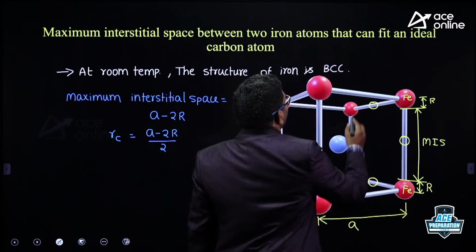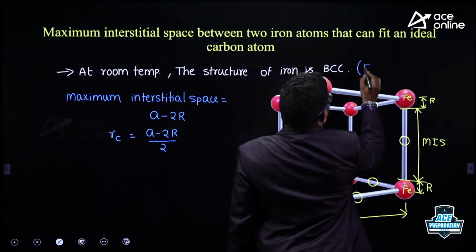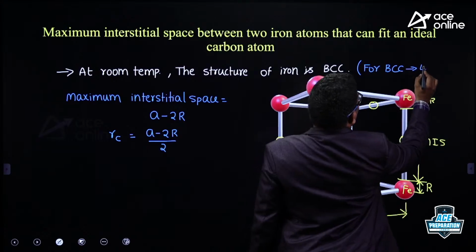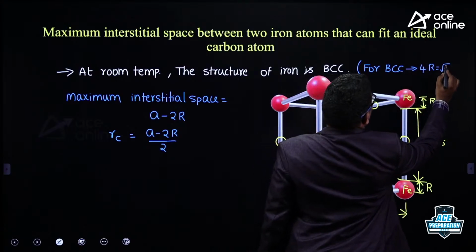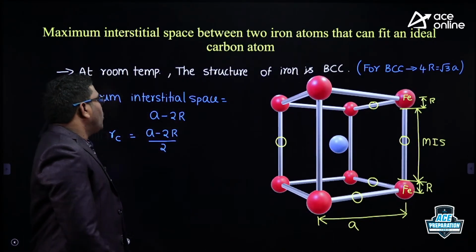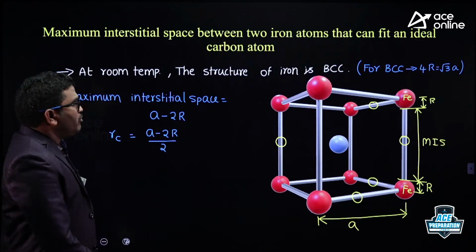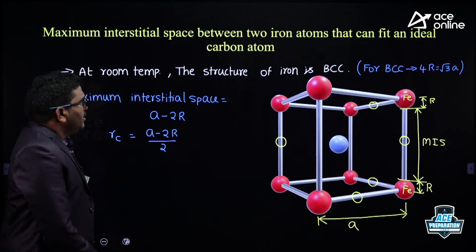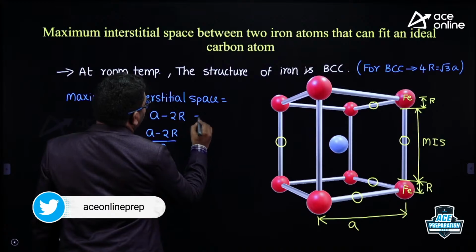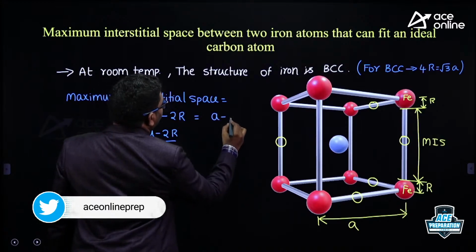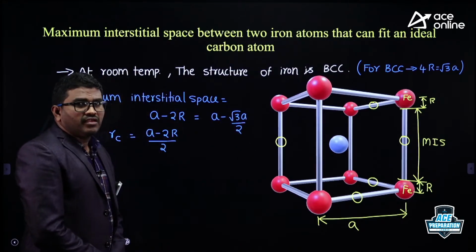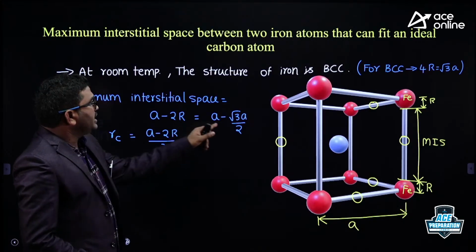Now listen carefully. We know that for BCC structure, 4R equals root 3 A, by considering the body diagonal. So, in case they ask you in terms of A, you can write this as A minus root 3 A by 2.